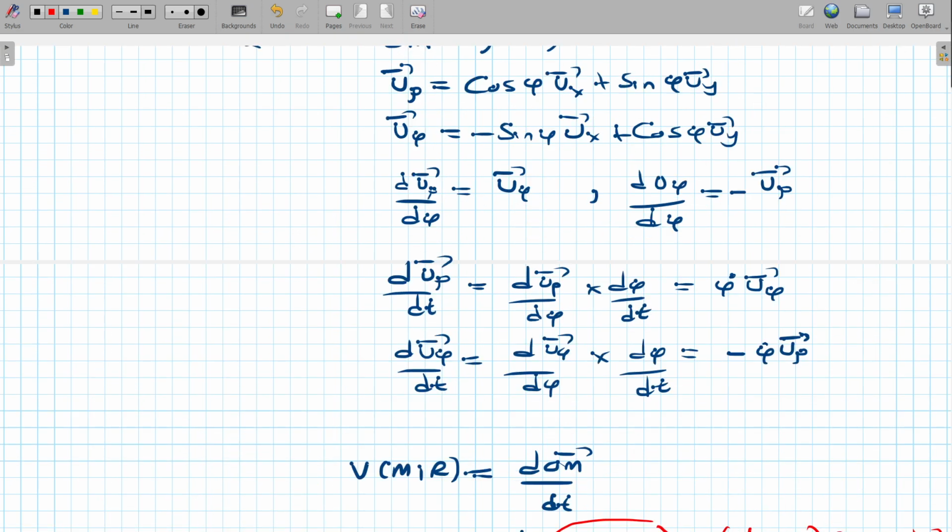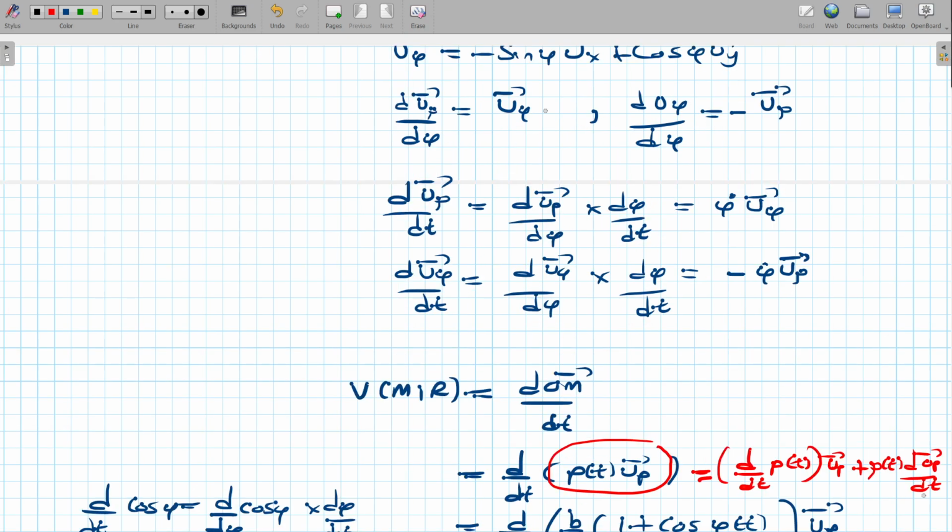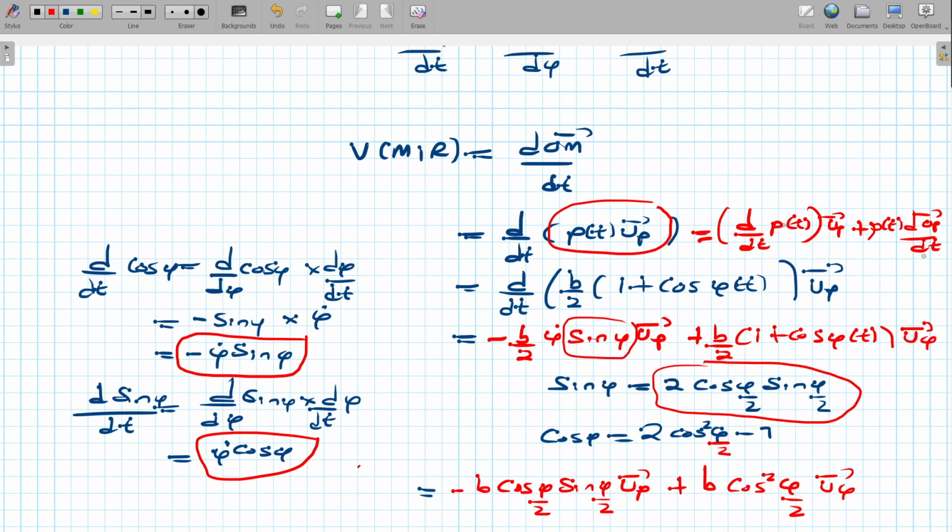I thought we were differentiating it with respect to phi, so I got this one. However, if you differentiate u rho with respect to t, you're supposed to get this. So I made a mistake here. There's supposed to be a phi point here. Let me write it in a different color, so that I just forgot to include the phi point here. If you've been wondering why I am not writing the phi point, of course, I made a mistake.